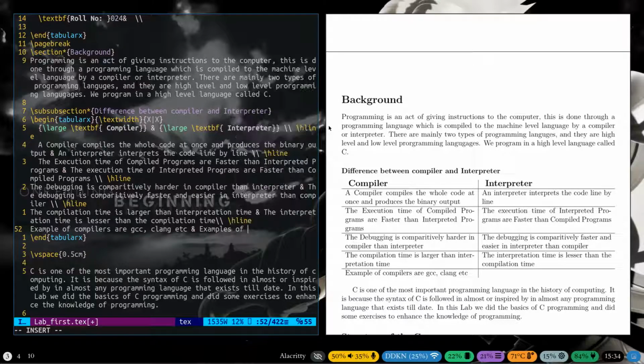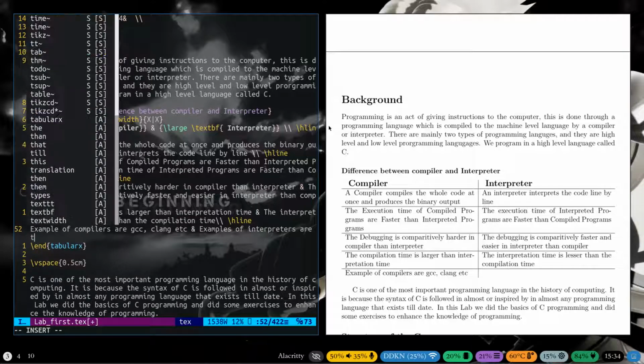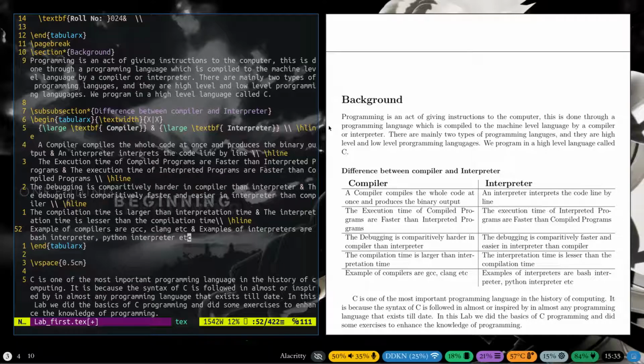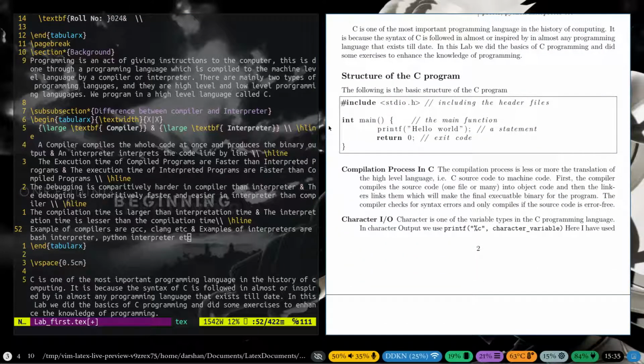Examples of interpreters are bash, Python interpreter, etc. Oh, that's it. I learned that much.